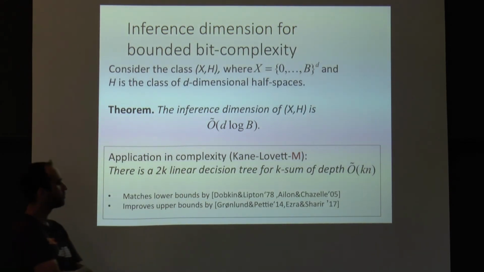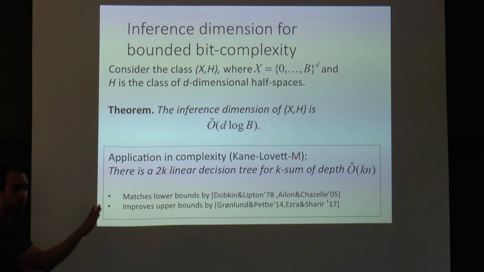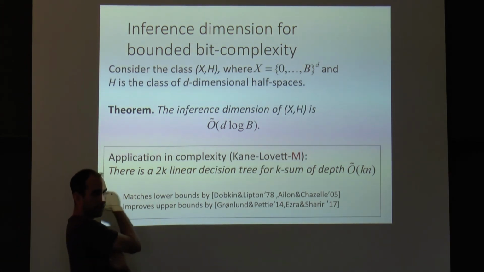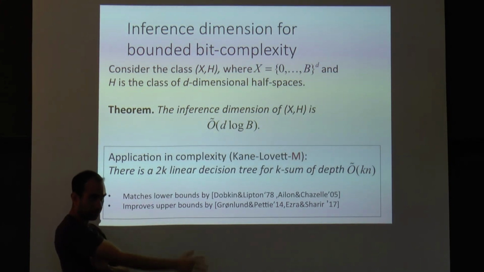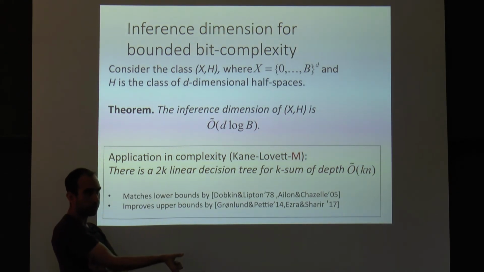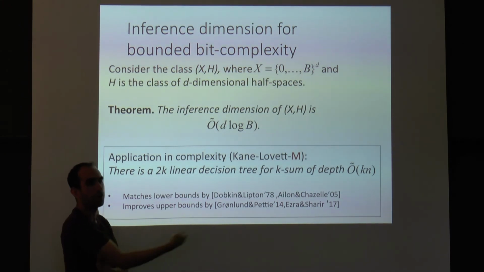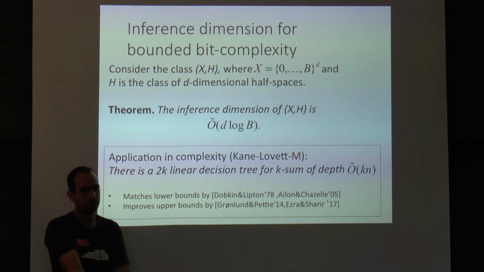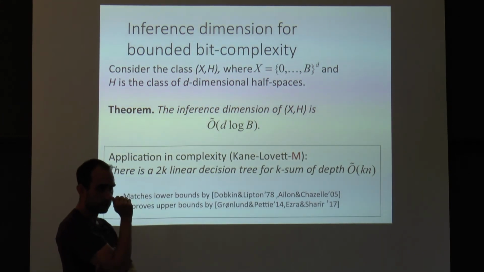Yeah. So again, it's a non-uniform algorithm. We just show that for every fixed n, there is some comparison-based algorithm, a linear comparison decision tree of relatively small depth. It's not that there is an algorithm that works for every n. So it's a non-uniform complexity.